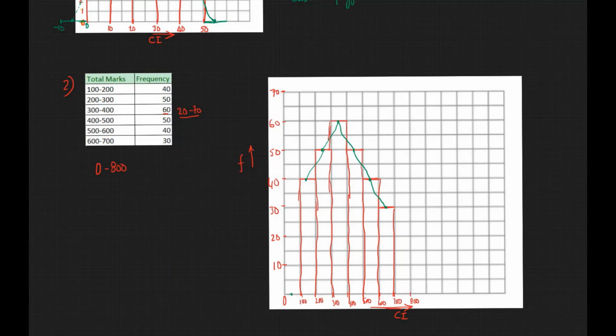So in this, let's mark the midpoint of the previous and the last blocks, beyond the last block, and then you can connect them. There you go. So this would be your frequency polygon, and this would be your histogram.